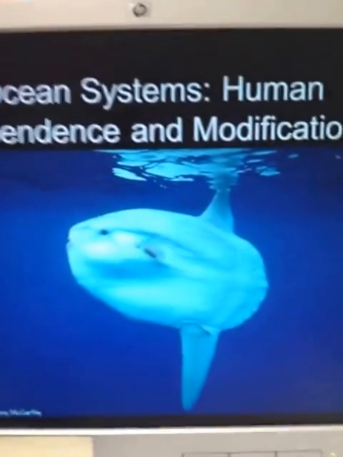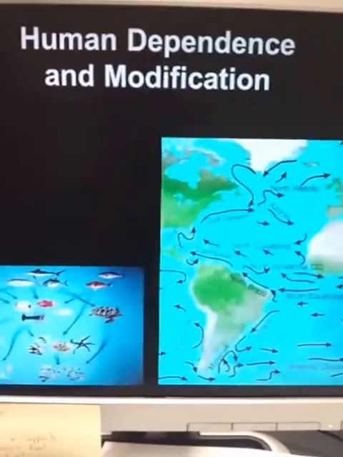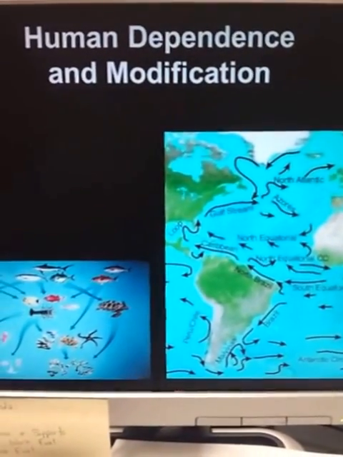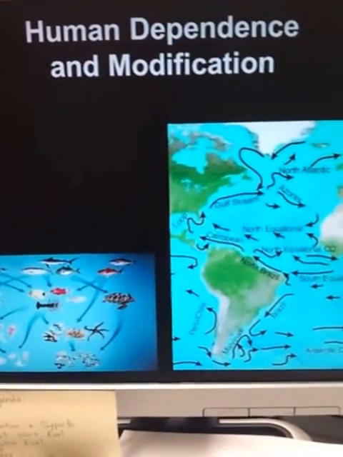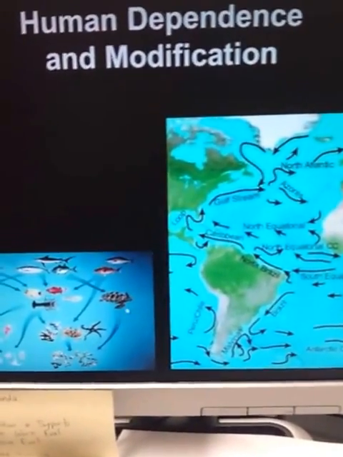So, ocean systems, human dependence, and modification. The first slide here shows what you can see in the corner. We've got some food web action going on here. Take a look right off the bat. It's pretty complicated. You can see the interdependencies, which is a vocabulary word we have been using, between each of the organisms within this food web.